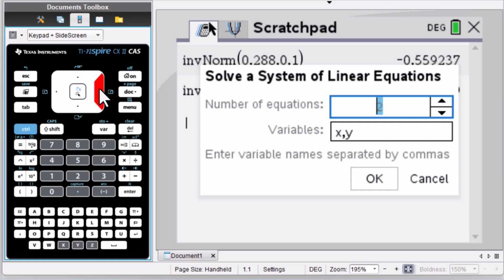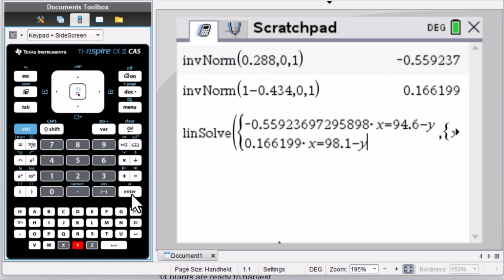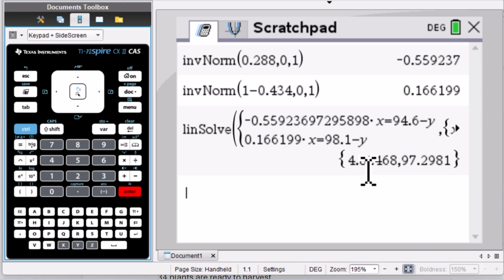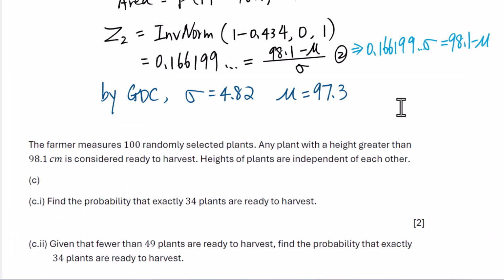You have to press this right arrow button. We just use XY, then enter. Sigma equals 4.82. Mu equals 97.3. By GDC, sigma equals 4.82.